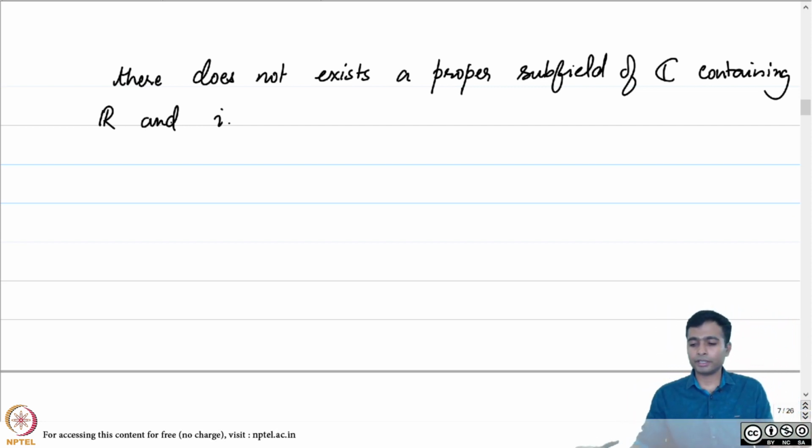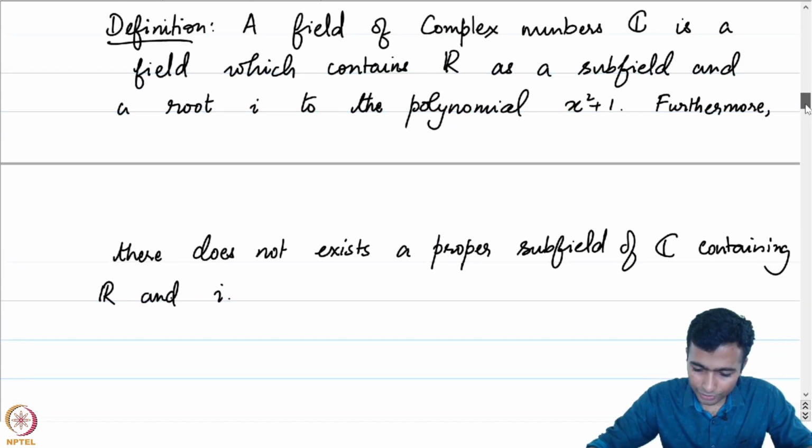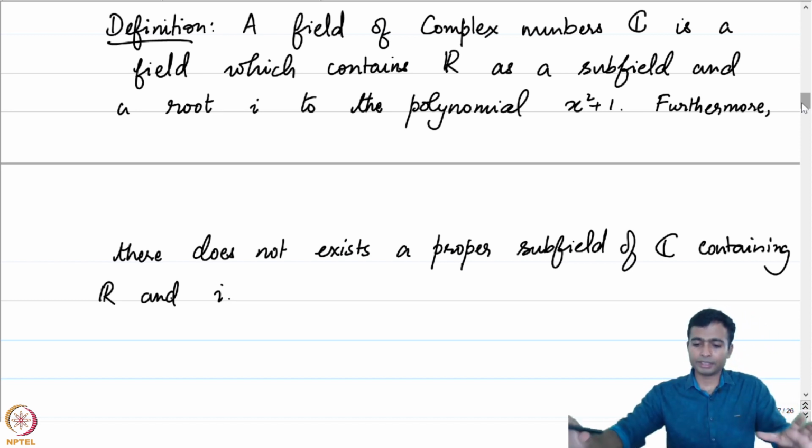When put differently, this says that C is generated by R and i. Or if you have C prime, a subfield of C which contains R and i, then C prime should necessarily be equal to C. So let me repeat the definition for you.